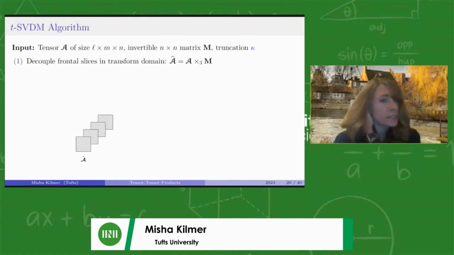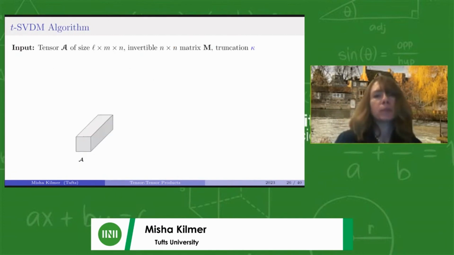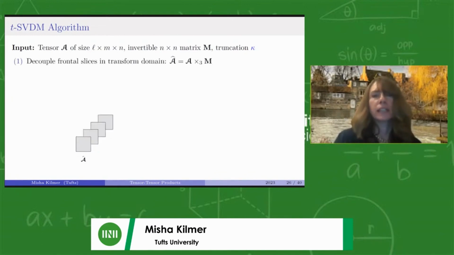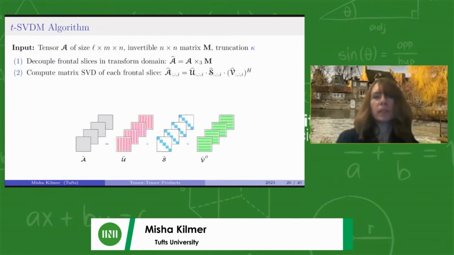So the way this is computed in practice, which is of practical importance too, is that I start with a tensor A. I take it to the transform domain by, at least mathematically, applying M to all the tube fibers. That decouples the problem. So now I just go front to back in A hat. I do a matrix SVD on each frontal slice. That gives me a U hat, an S hat, and a V hat tensor.